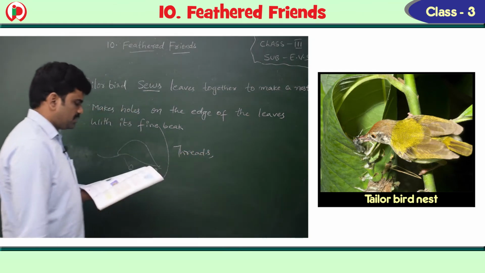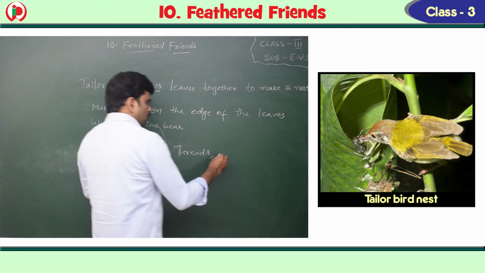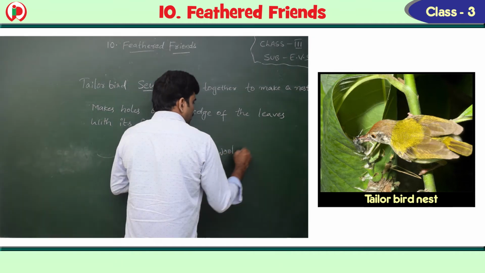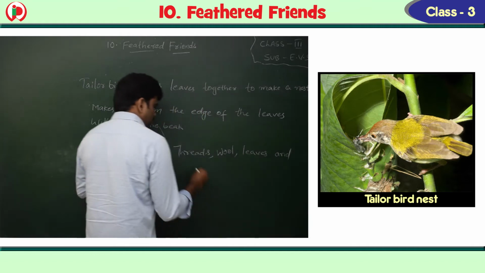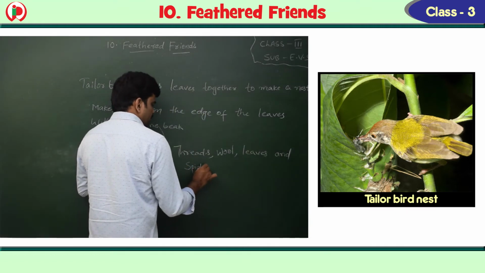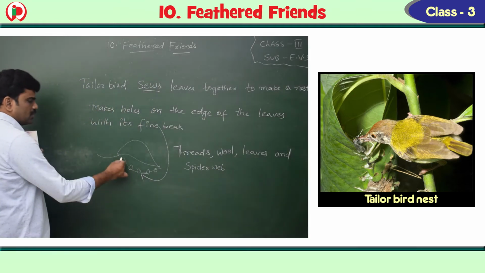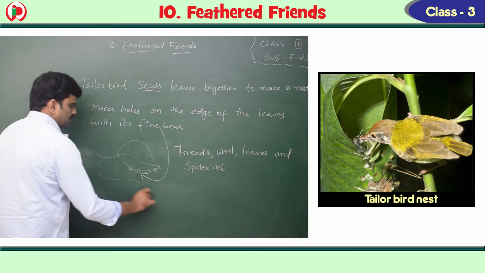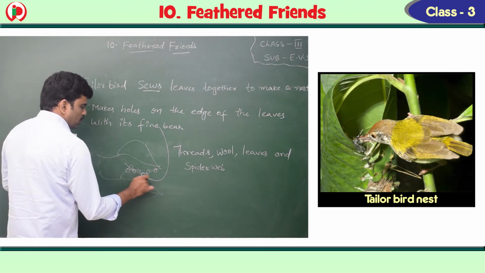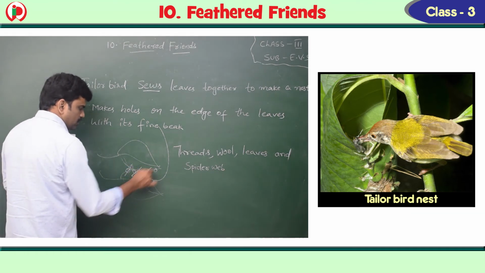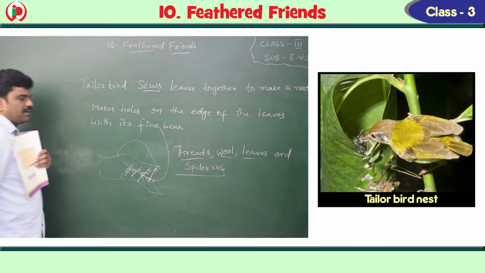Threads, wool, leaves, and spider web. So it makes the holes first, and then sews with the help of threads, wool, leaves, and spider web.